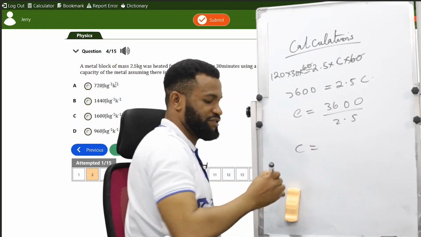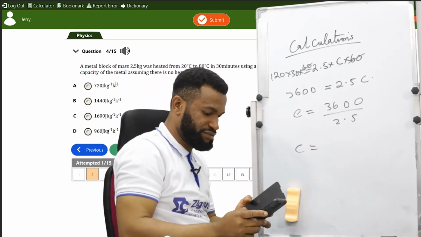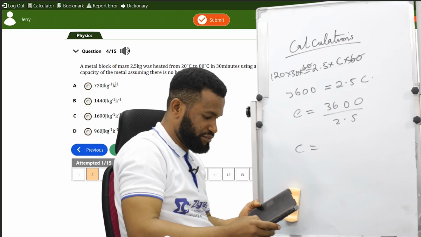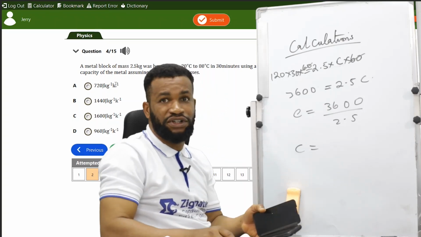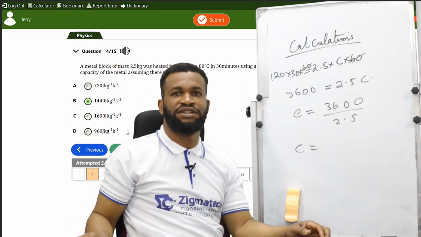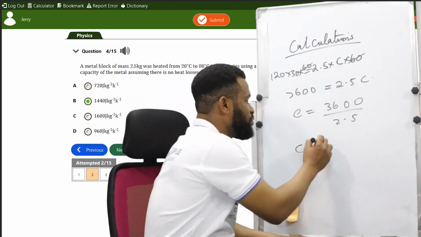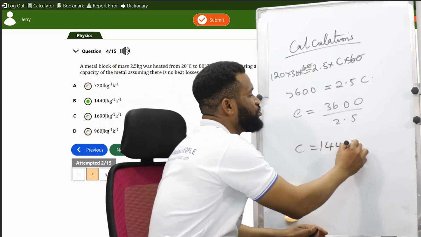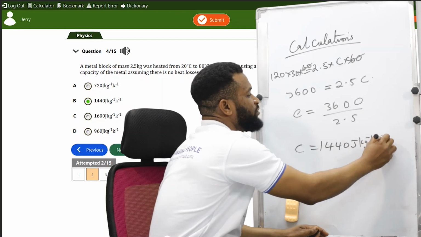C is given as 1440. Do we have that? 1440. That is option C. So we now have 1440 joules per kilogram per Kelvin.